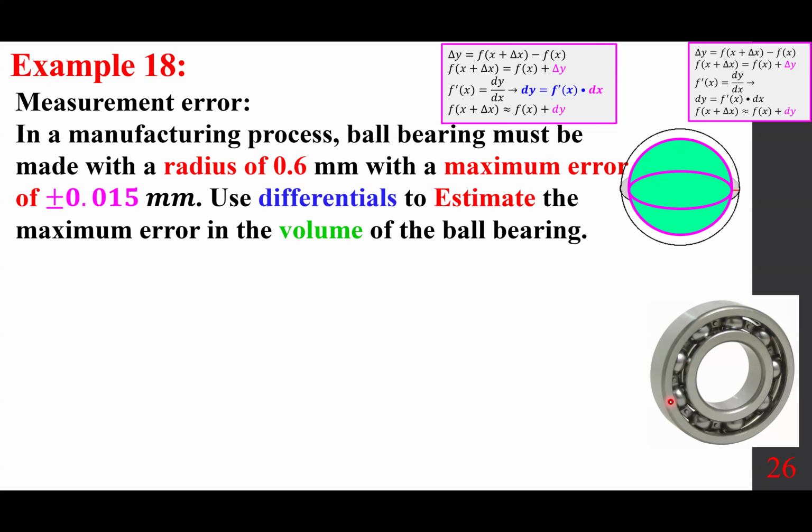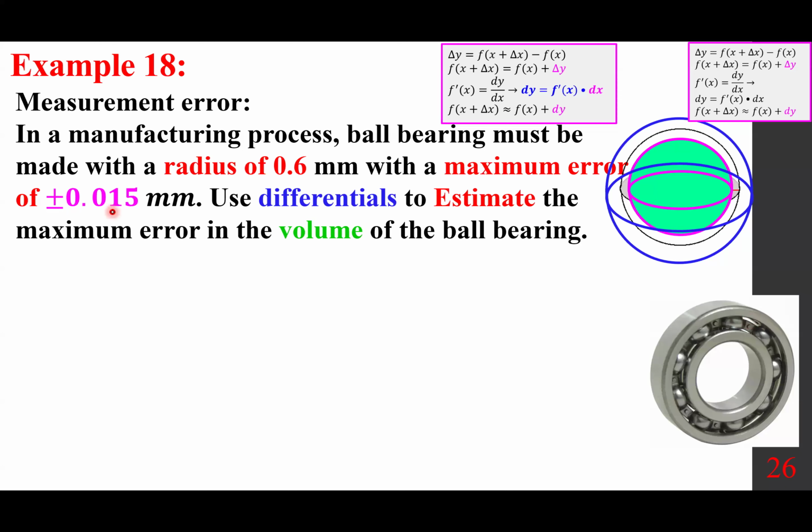On the other hand, it may be bigger by this much. Even if the radius is 0.615 millimeters, it is fine. If it's larger than that, then they get stuck.